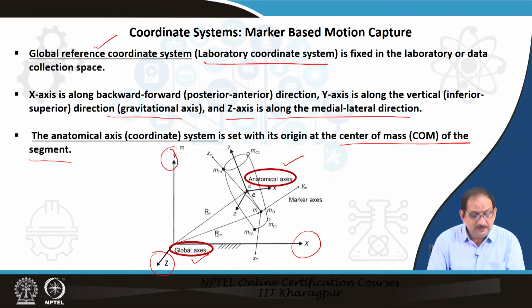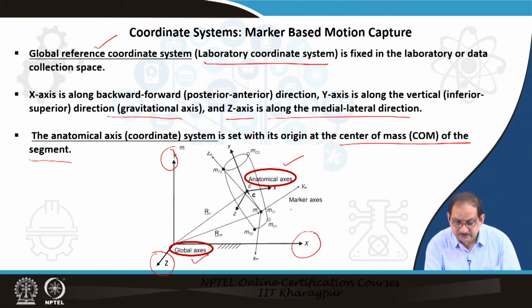In this figure, one can actually notice the markers denoted by MT1, MT2 and MT3.